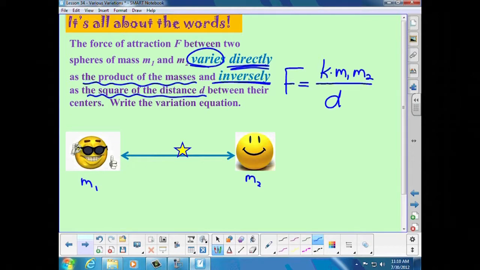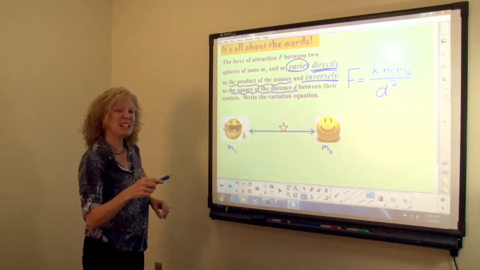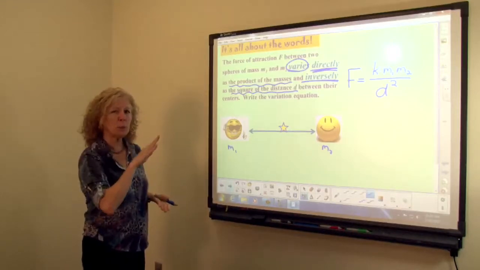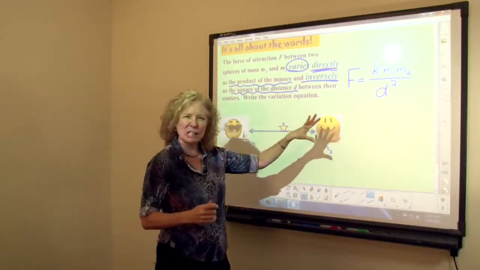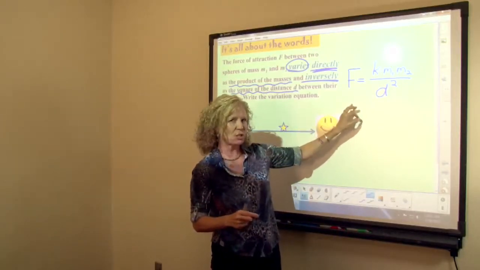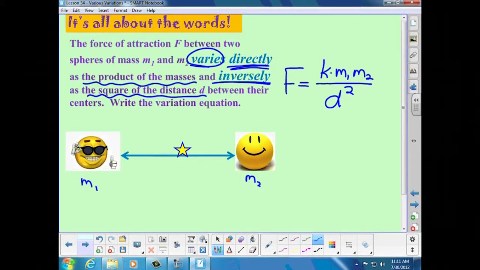You just have to read very, very carefully. So that happens to be my variation equation. Now you might want to take a second, pause this, reread it, see where I put everything in there. This is an example of combined variation, but I don't necessarily need for you to know that word. What you need to do is realize that the varies directly, put that up in the numerator, and the varies inversely, put it down in the denominator.